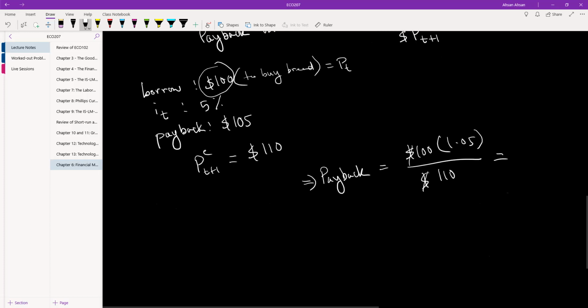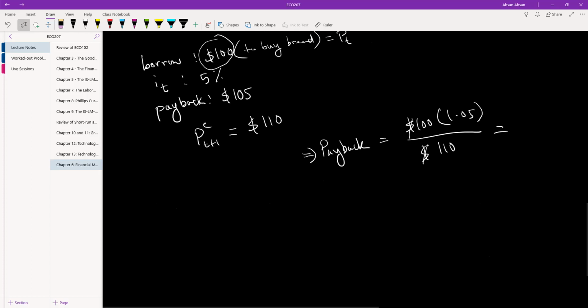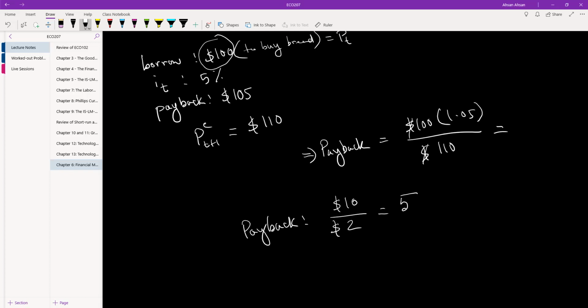So in a simplified example that's given in the book, let's do this calculation again. If we have to pay back $10, the numerator we can calculate, and we expect the price of bread to be $2, then we are paying back 5 bread equivalents.